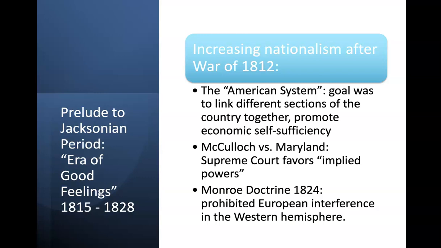But what really is important about the McCulloch versus Maryland case is much less about taxation and the second national bank. What's really important is that the Supreme Court rules on what we call the implied powers doctrine, that's connected to the elastic clause.